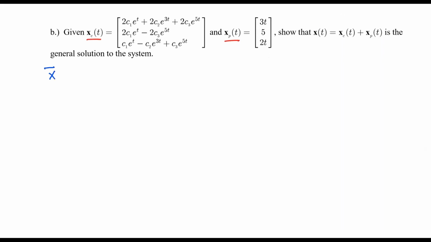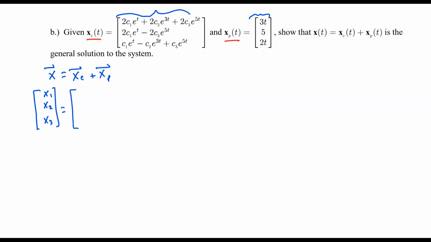Our general solution, x bar, is the sum of the complementary function plus the particular term. X bar represents the 3 variables of the system, x sub 1, x sub 2, and x sub 3. This is equal to the sum of our complementary function plus our particular term. So I'm going to add those all together in a 3 by 1 column matrix.